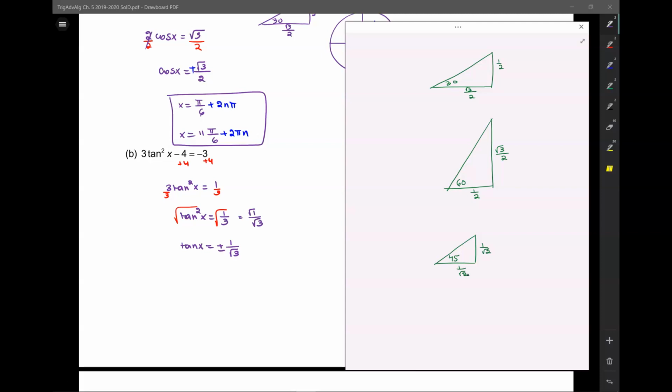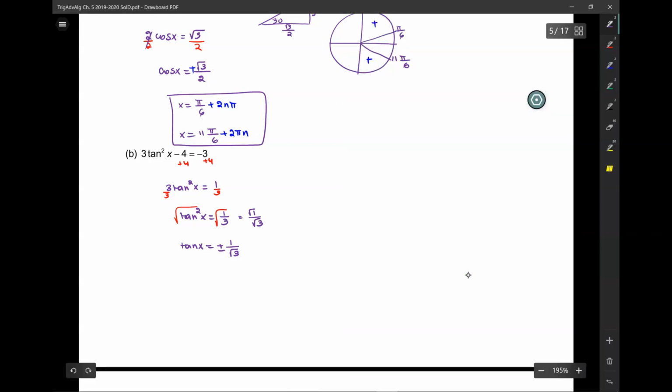So 30 degrees means x is pi over 6, right? But now, I'm going to write that further down here because look, there is something else here. When I have tangent is plus or minus 1 over root 3, that tells me 2 things.